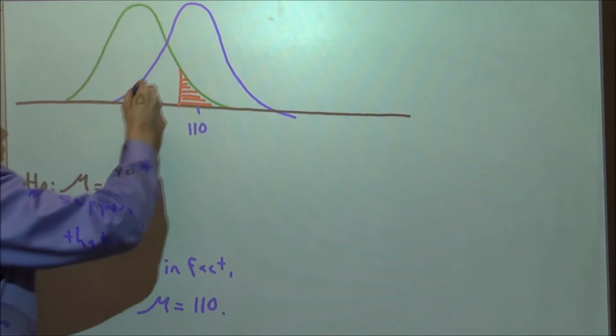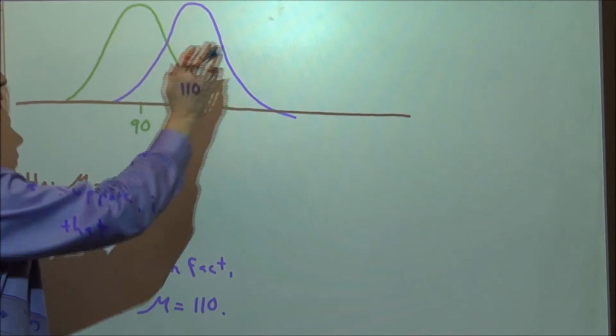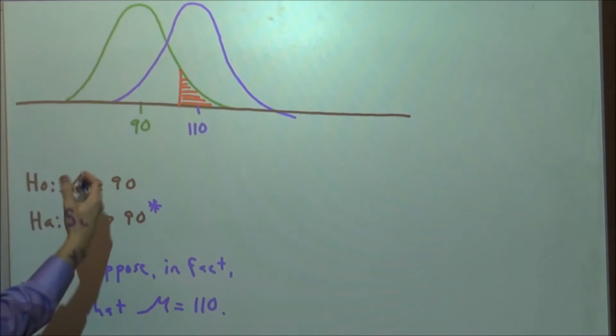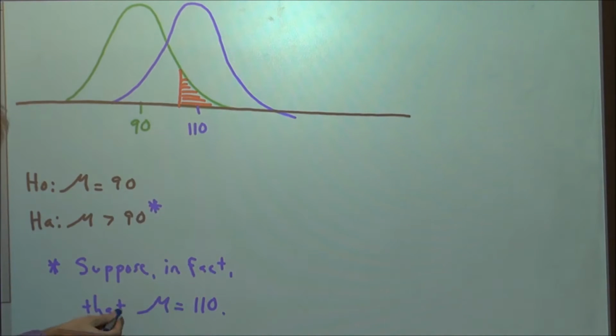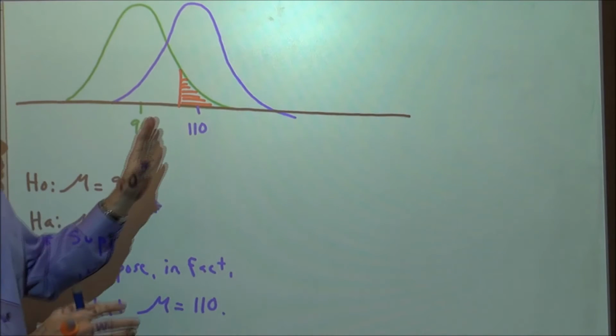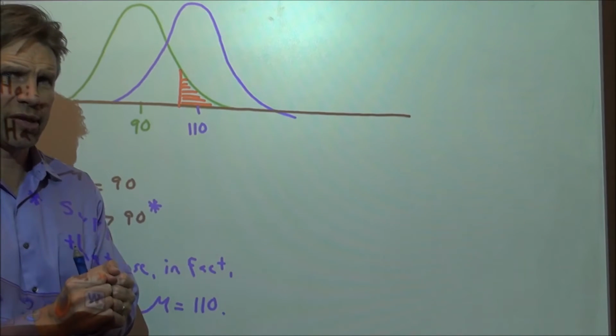Then I've drawn this blue distribution. I'll keep using blue for the alternative and green for the null. We have to be given some supposed mean that is within this constraint. So we're going to say, suppose the true mean is 110, so this is our alternative. Okay, so that would be the sampling distribution we'd actually be sampling from.